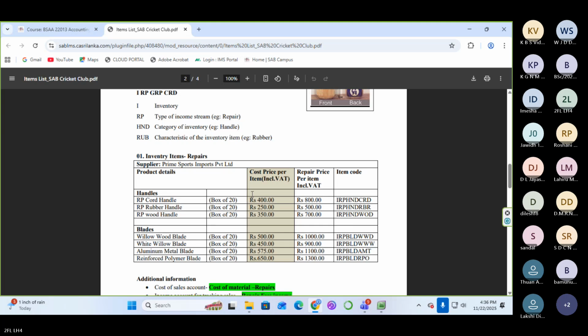Okay. When you are given details related to items, you are given this information: the name of the item, and then a buying unit of measure. It is important, okay?